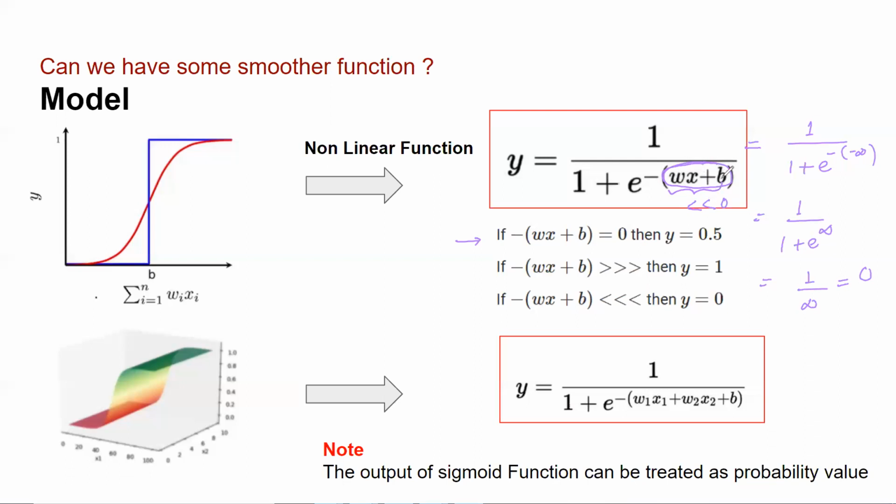Ashutosh, you considered 1 upon 1 plus e raised to minus x as the base equation for explaining. That's why I think they are confused. Initially, what I gave you was the formula of the perceptron. Then I said that I am putting the value of my perceptron into x. What was the value of my perceptron? It was wx plus b. When I put this value wx plus b here, I'm getting this expression.